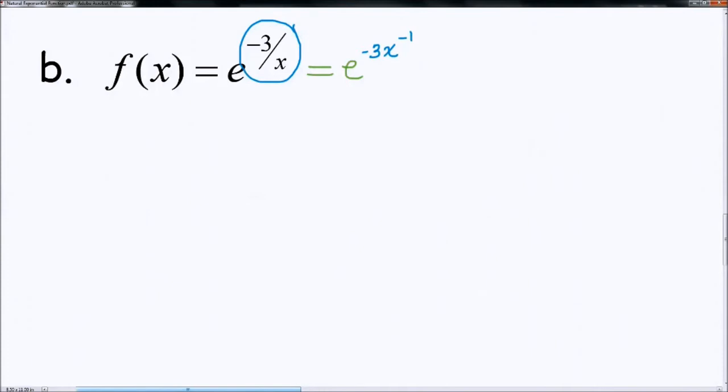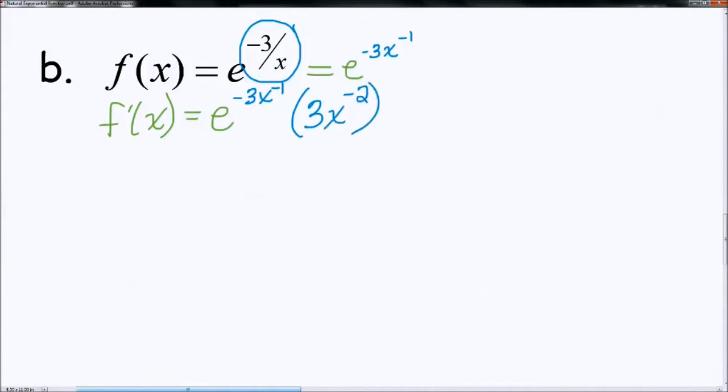The derivative of an e function is you rewrite the function, and next you take the derivative of your exponent. The derivative of negative 3x to the negative 1 is 3x to the negative 2.